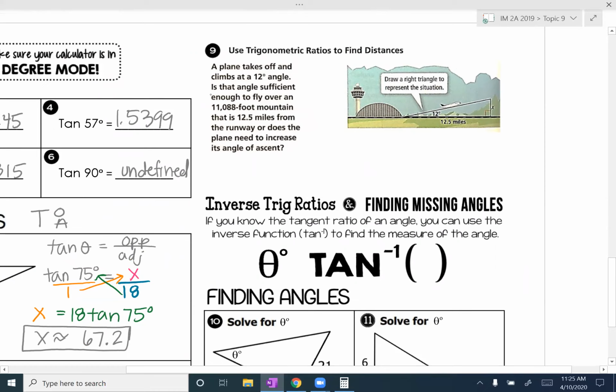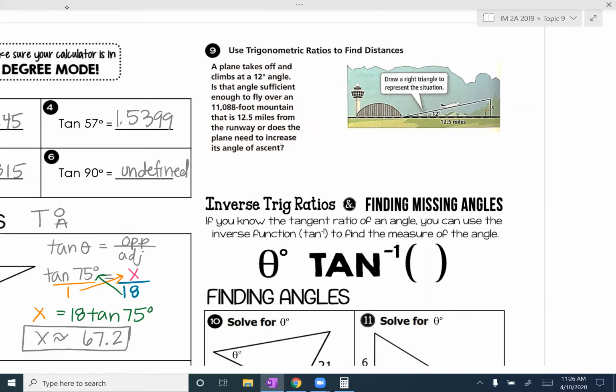Is the angle sufficient enough to fly over a 11,088-foot mountain that is 2.5 miles from the runway, or does the plane need to increase its angle of ascent? So it's asking, if I solve for x, is x bigger than this height of the mountain or not? So will they need to increase their angle so that they can clear the mountain or not?